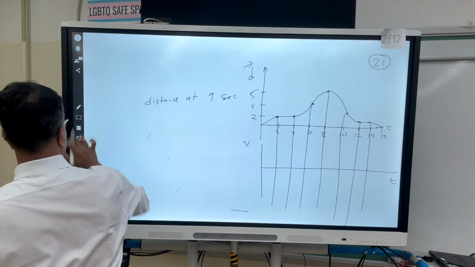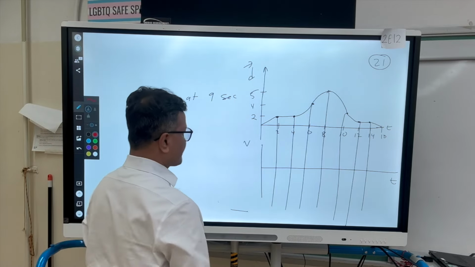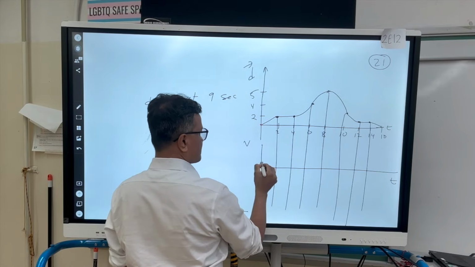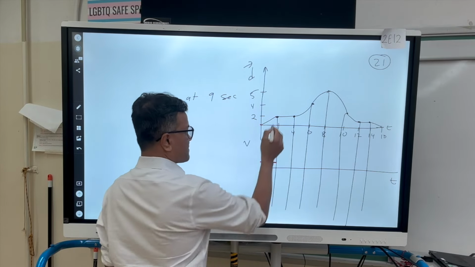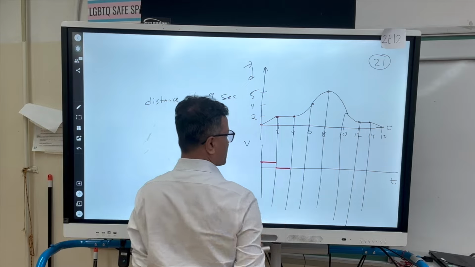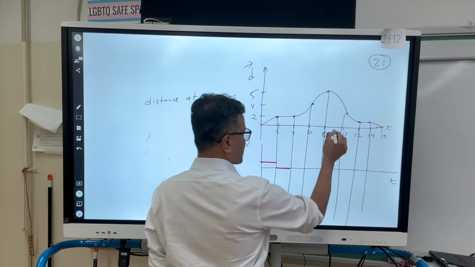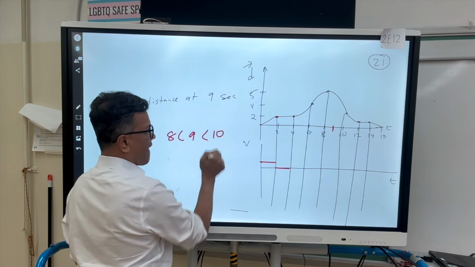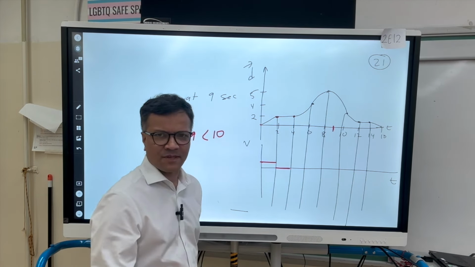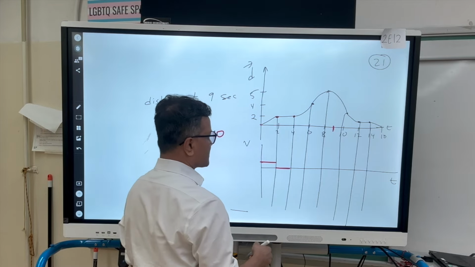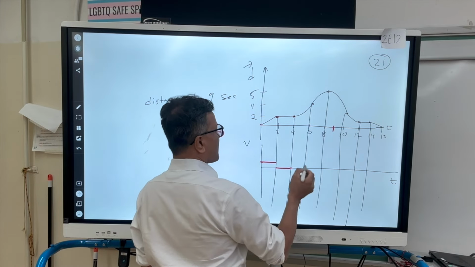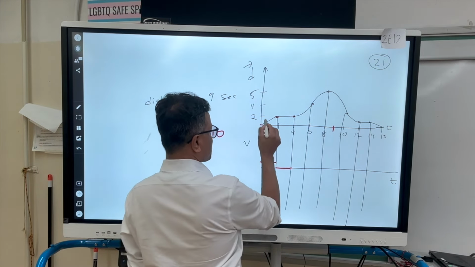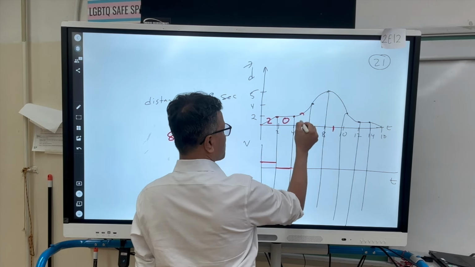Okay, so if this is diagonal, this is horizontal. If this is horizontal, this is 0. We don't need them. We need only at 9 seconds. So 9 is between 8 and 10. We need only that one. But I'm just doing it, I don't know, for fun. Here, the object moves 2 meters, 0 meters, 2 meters, 1 meter.